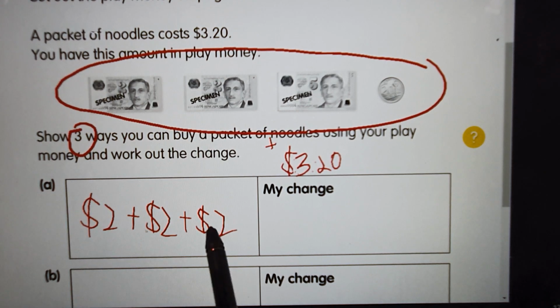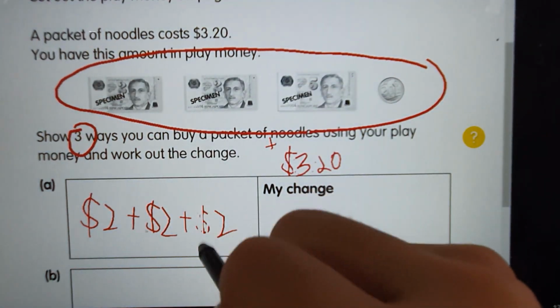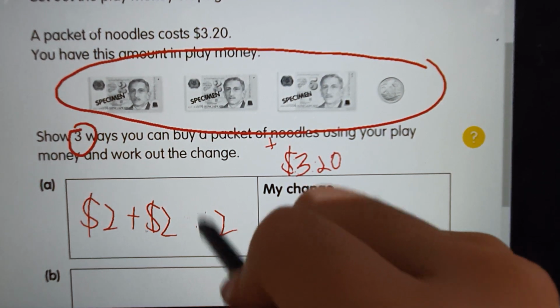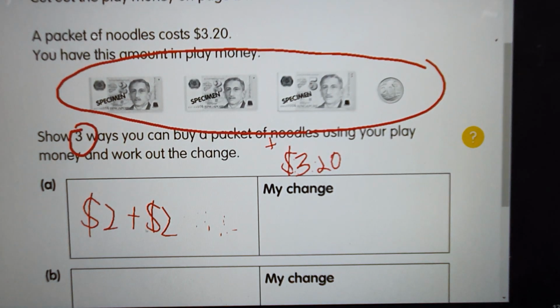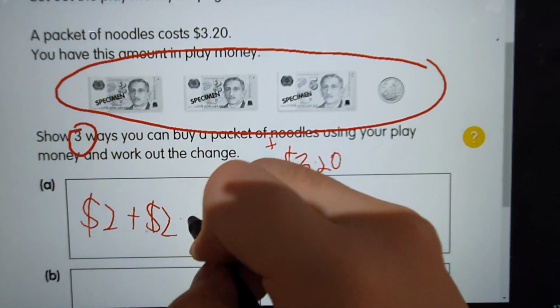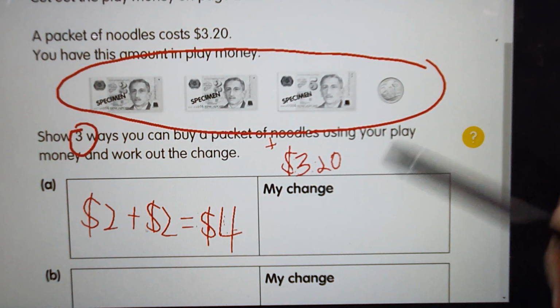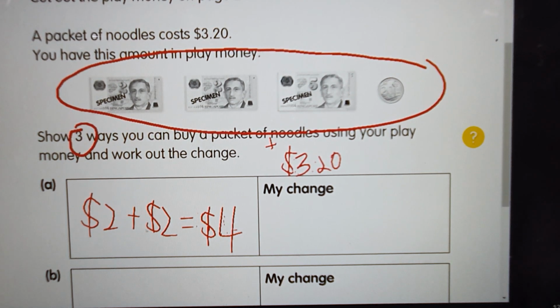So this cannot be one way. Instead, let's say I just take two $2 notes to buy. Two $2 notes will give you $4. Since the noodle only costs $3.20, what is your change?